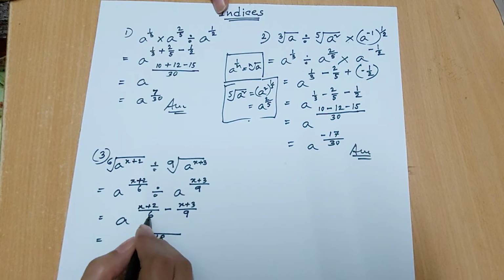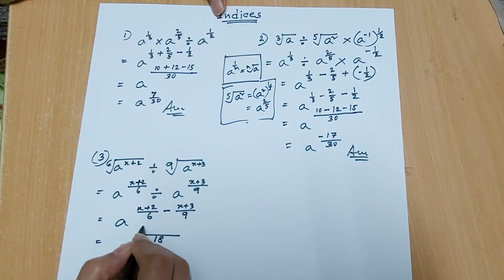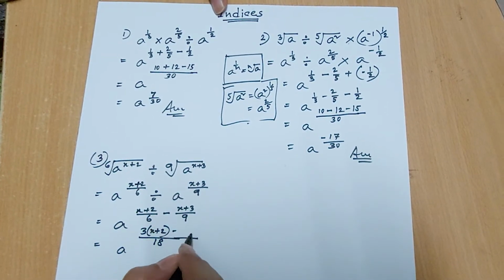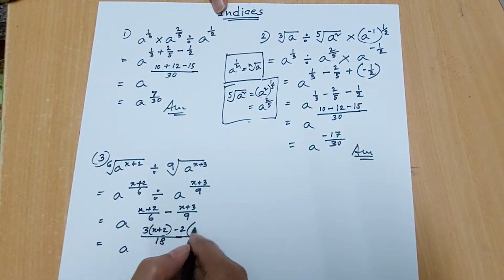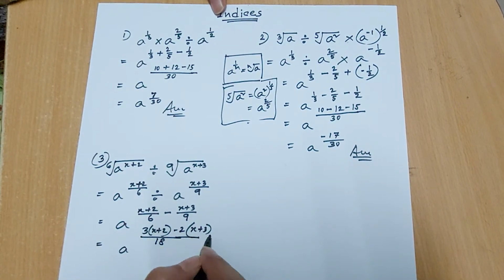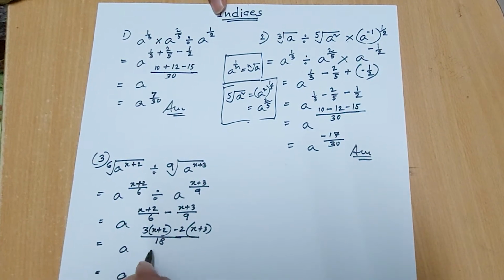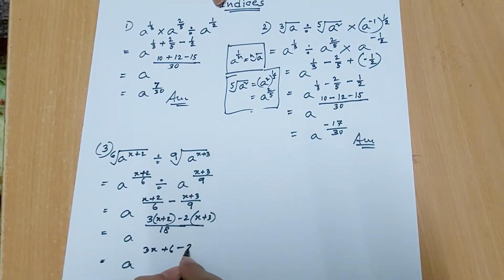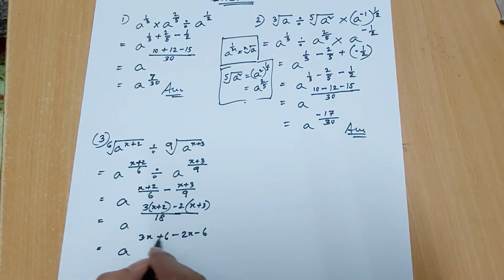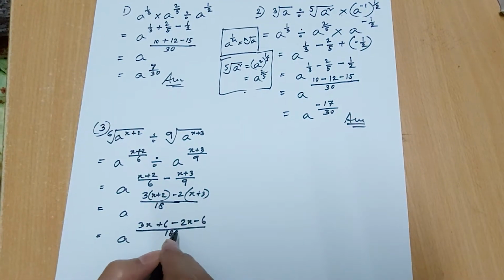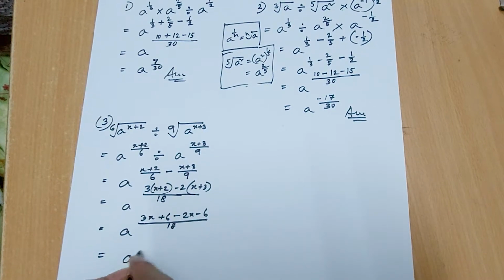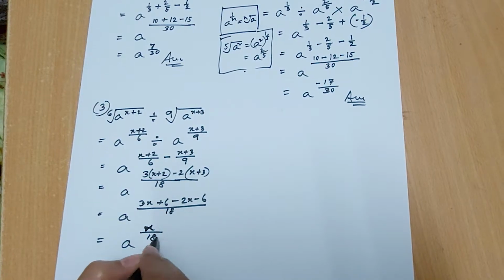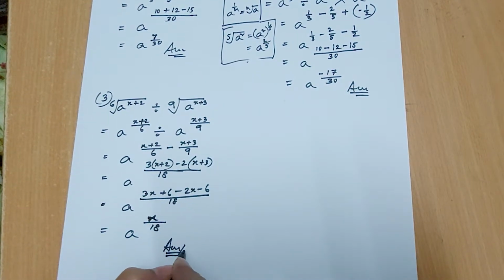LCM is 18. 6 3 times here, so 3 into x plus 2, minus 9 2 times here, 2 into x plus 3. Now 3x plus 6 minus 2x minus 6 divided by 18. So we have x by 18, and it's the answer.